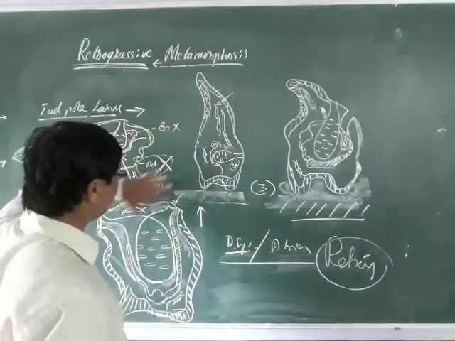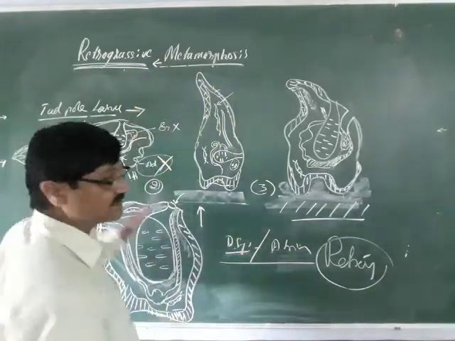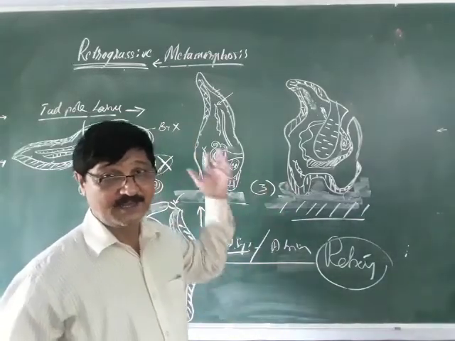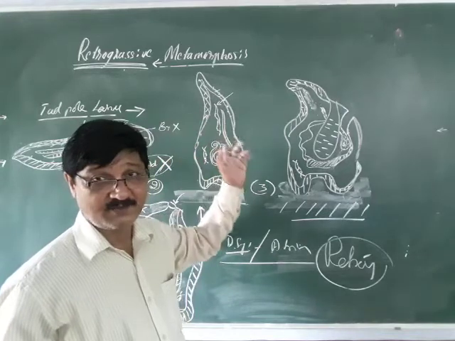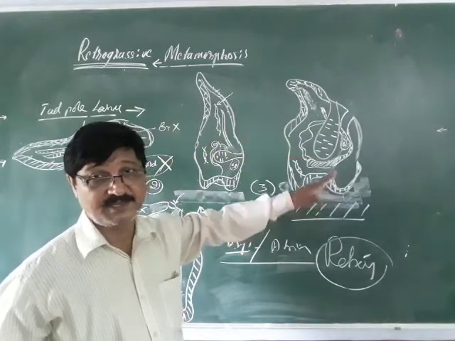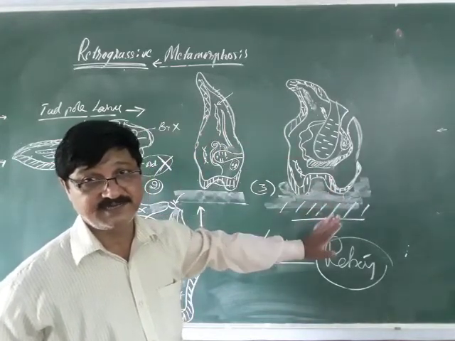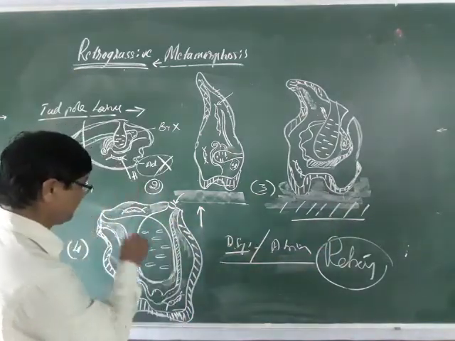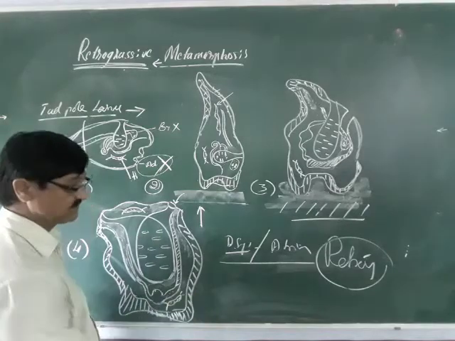So all these well developed, advanced characters will disappear, and the free swimming larva attaches to the substratum and becomes a sluggish or sedentary form, and just like you can see in the diagram, such a type of body will be developed.